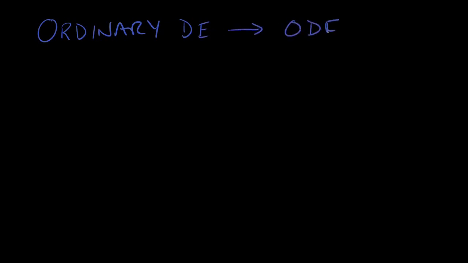Sometimes you may hear the term ordinary differential equation, or sometimes it's just called an ODE. An ODE, or ordinary differential equation, is just what we've been talking about. It's because we have a function of a single variable.